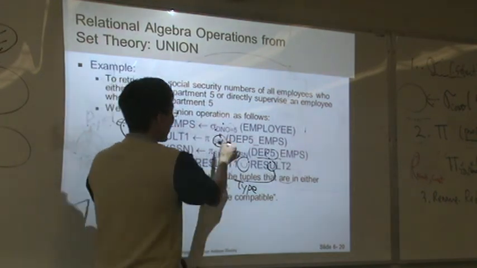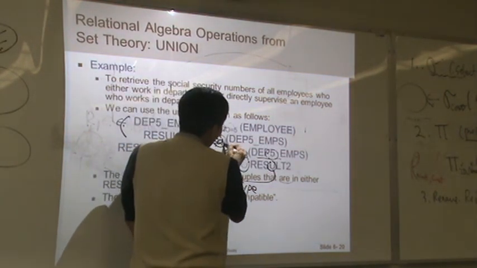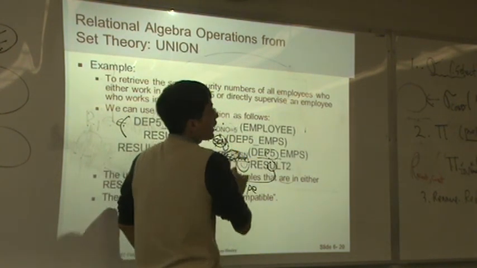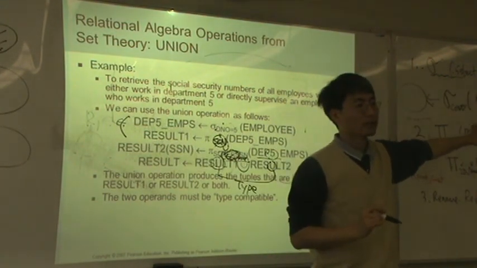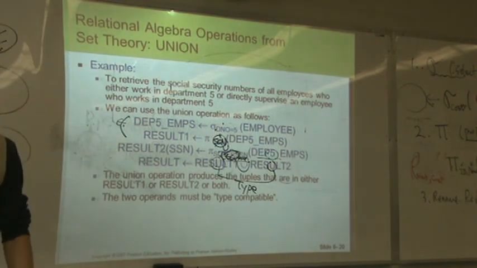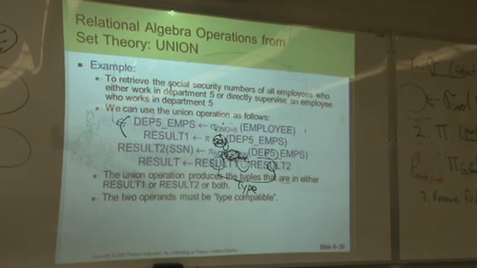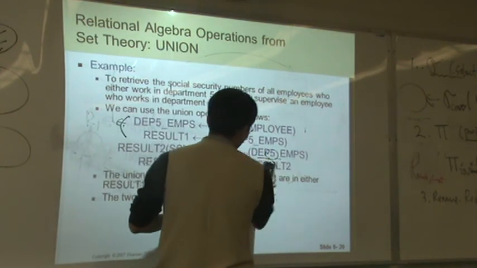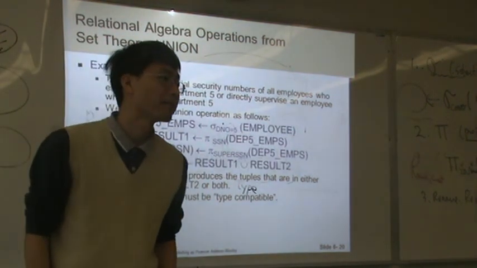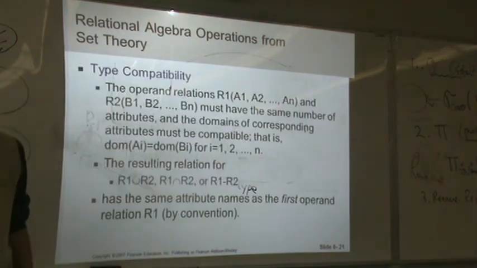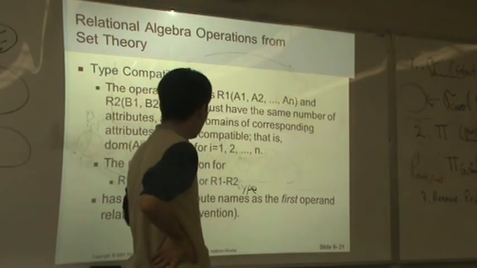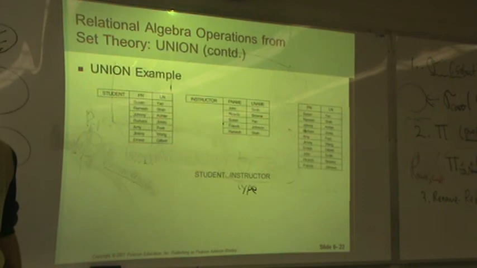However, you cannot union social security number and first name. That's the same problem in SQL. Always, when you are using a set operation as a relational operation, their types should be comparable. That is called type comparability. But it doesn't have to be the same name. Type comparability should be applied to union, intersection, minus, and any set operation.